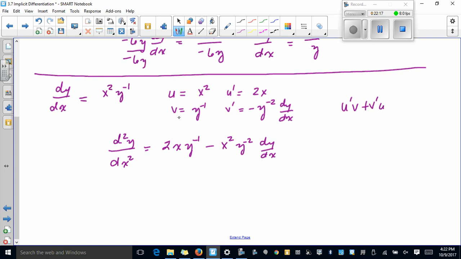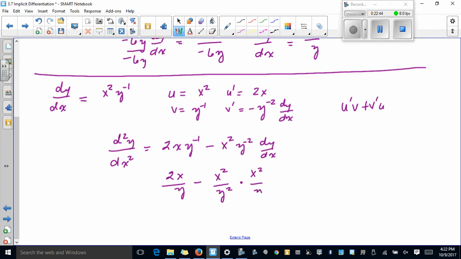So I have 2x over y minus x squared over y squared times dy dx. But dy dx is x squared over y. So this guy has y cubed, but this guy has only y.